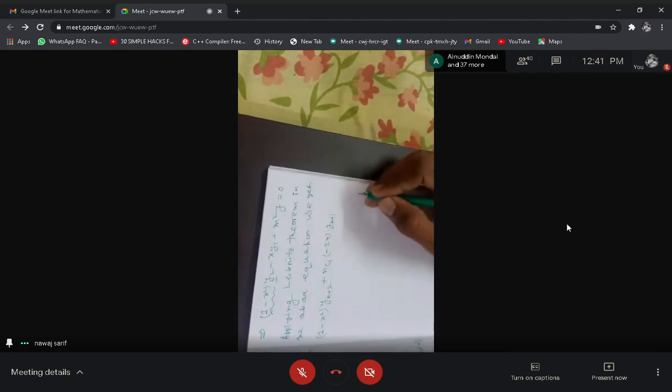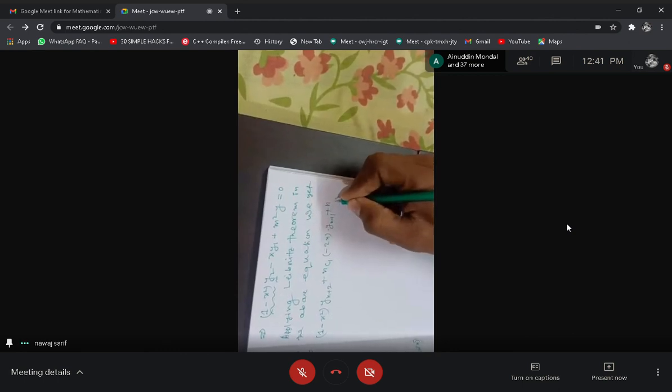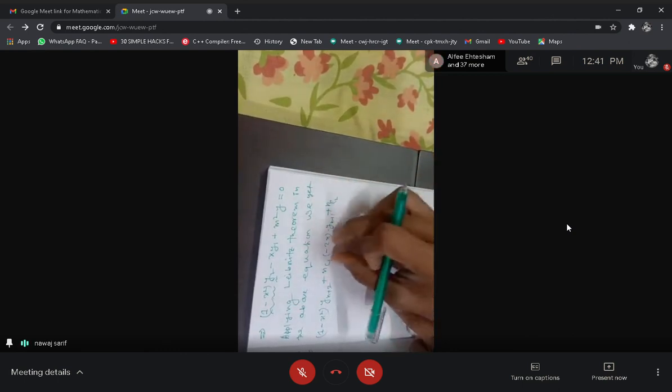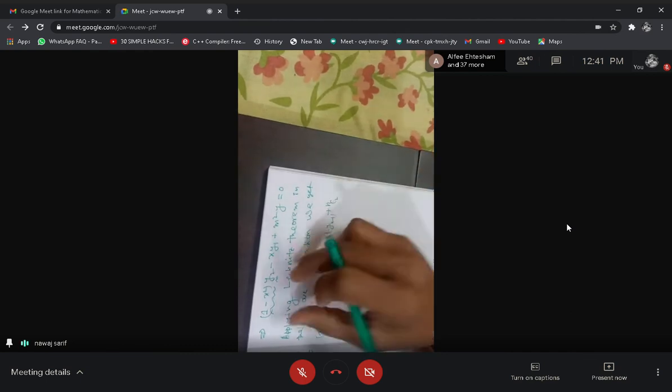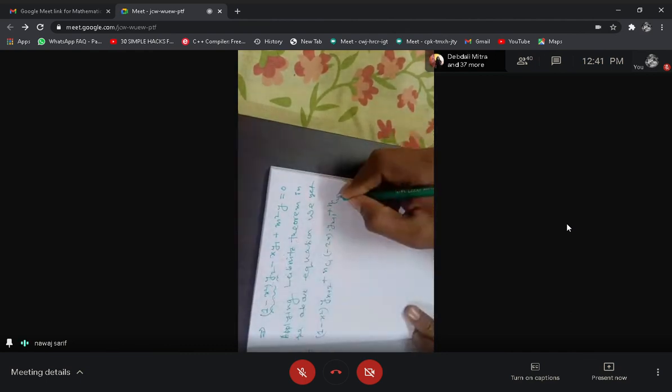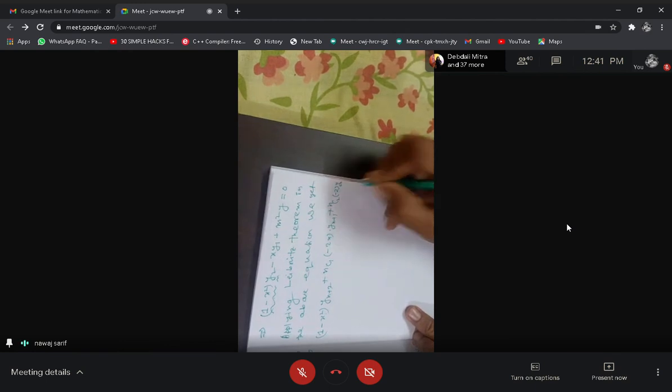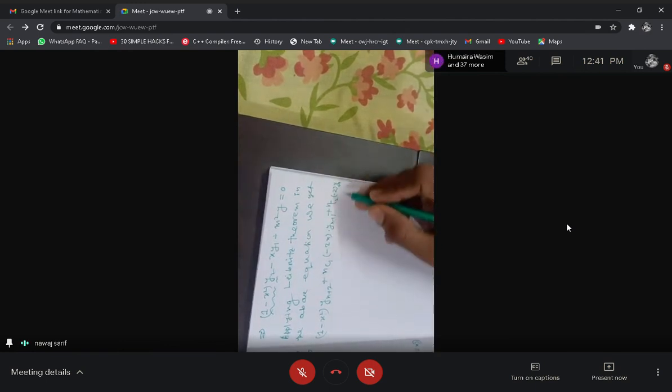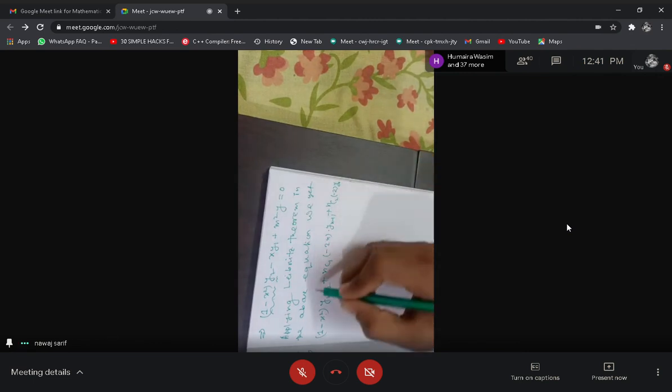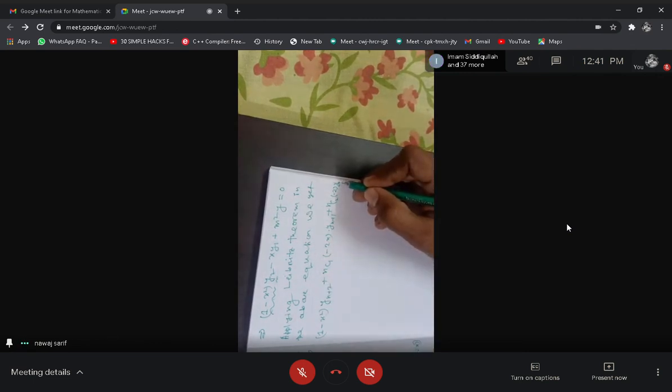Then plus nc2, and the second order derivative of 1 minus x square is minus 2, and this is y of n.